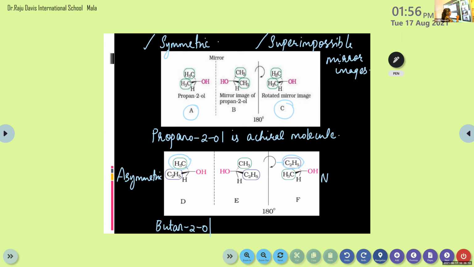So it is non-superimposable. Sorry, children. Non-superimposable.